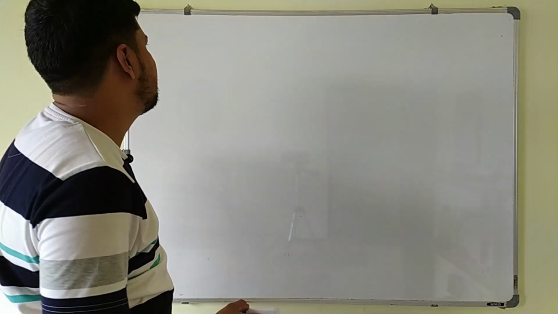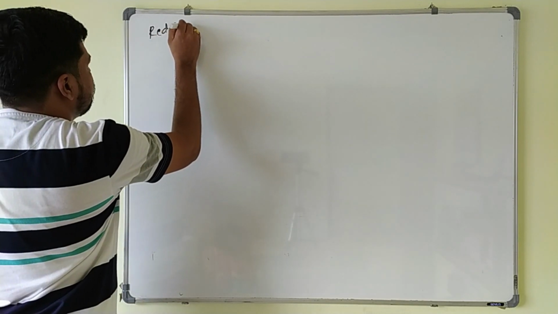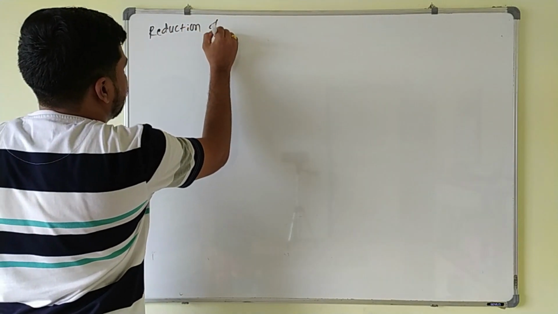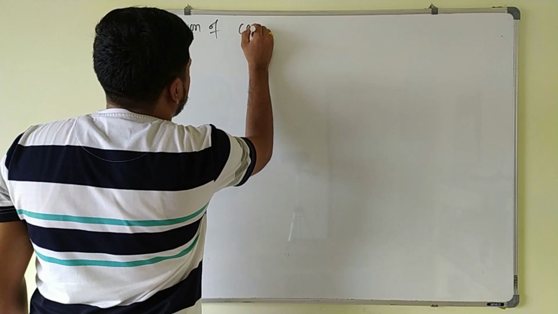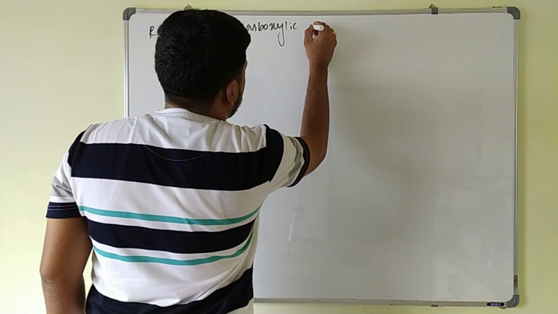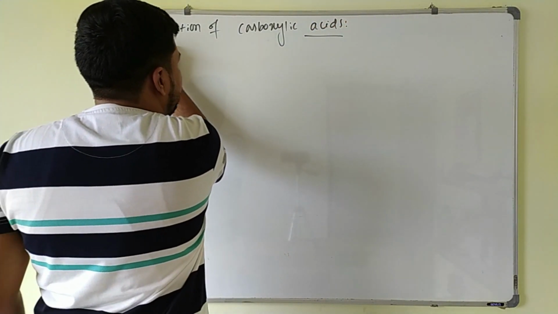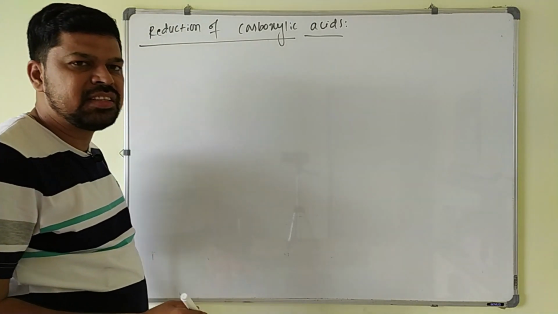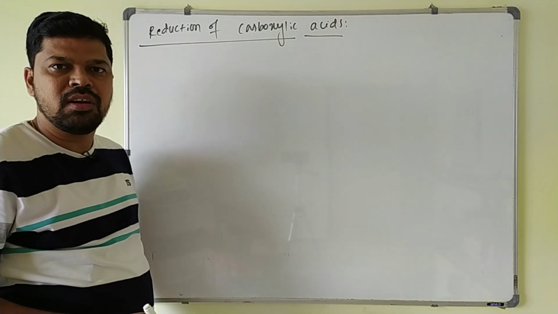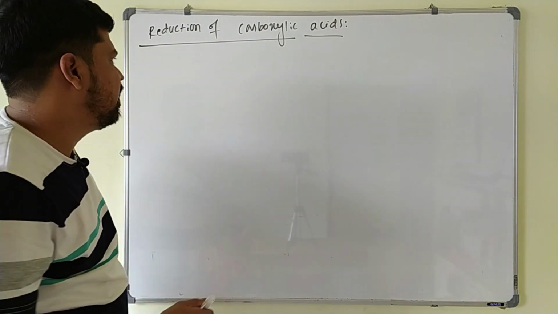So the next reaction is reduction of carboxylic acids. In this one, these carboxylic acids are directly reduced to the primary alcohol by using a strong reducing agent, that is lithium aluminum hydride.